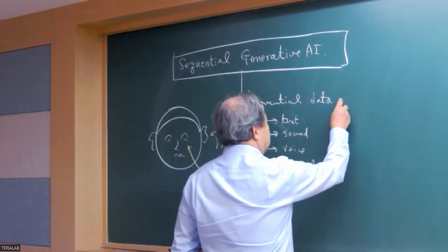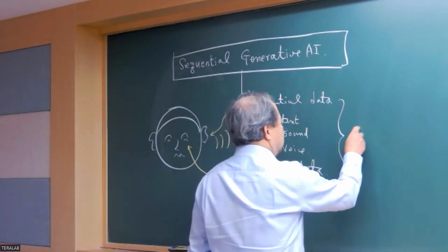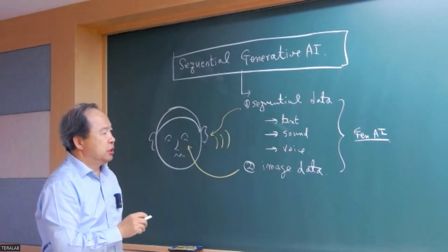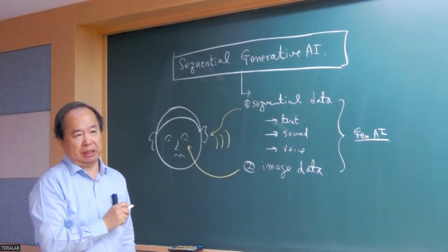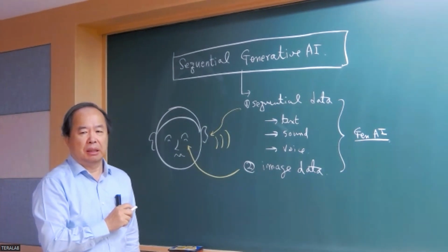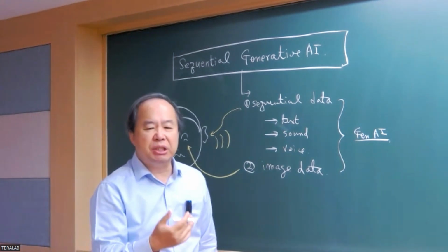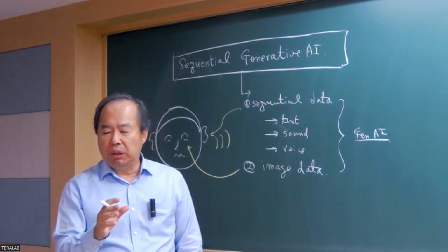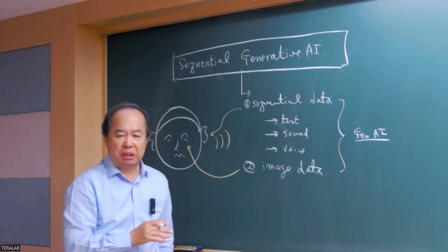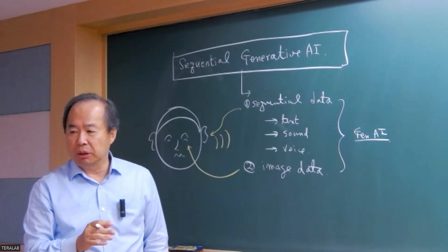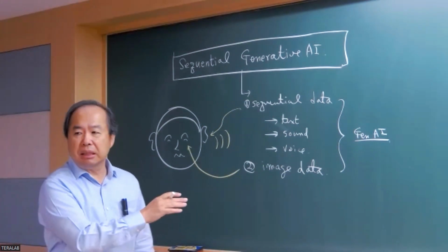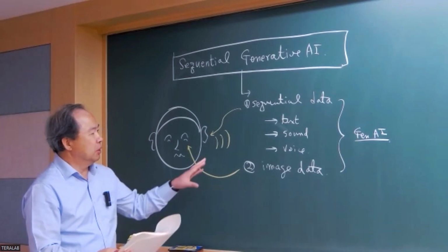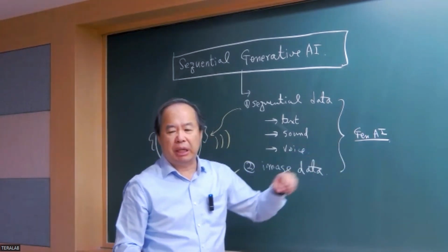Sometime in the future, I think we will have a new generative AI which can generate sequential data and image data simultaneously. That is what I'm imagining generative AI will be in 10 years. Of course, we need a huge amount of sequential data, image data, and AI supercomputers to do that. I think this is the roadmap. If we have this kind of generative AI, we can make a movie.